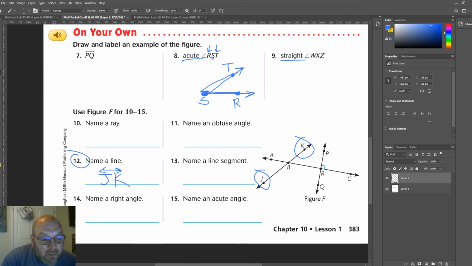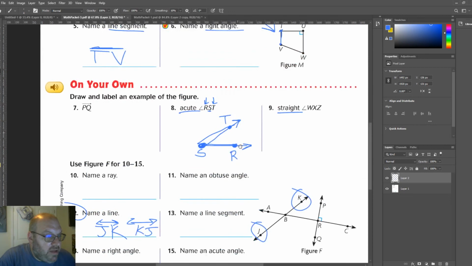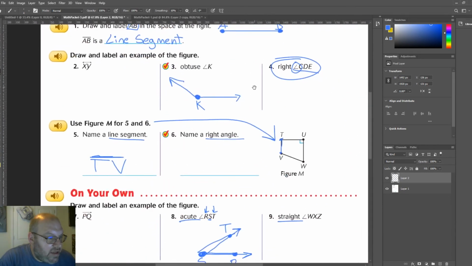Name a different ray, though. But BK is not a line. That's a ray. So there's a lot of rays, a lot of lines, a lot of line segments in here that you can do. So this line can also be line KJ. All right? So there's some angles in there. There's some lines. It's kind of tilted, so you might need to turn it. But other than that, you should be able to complete this.